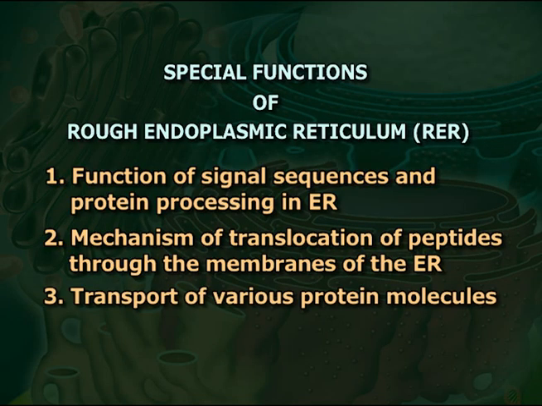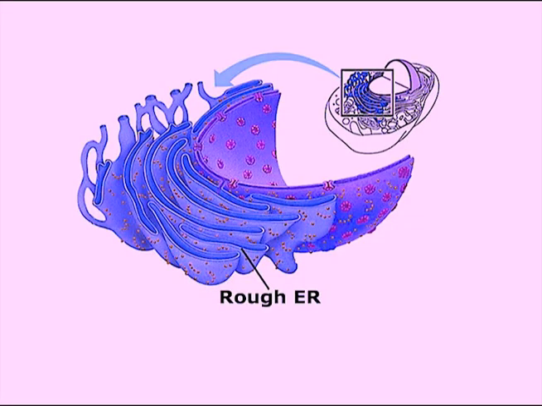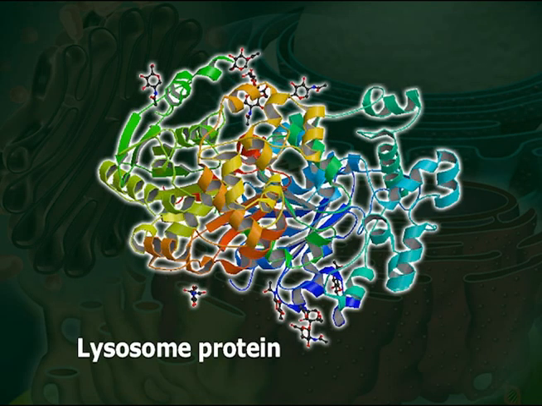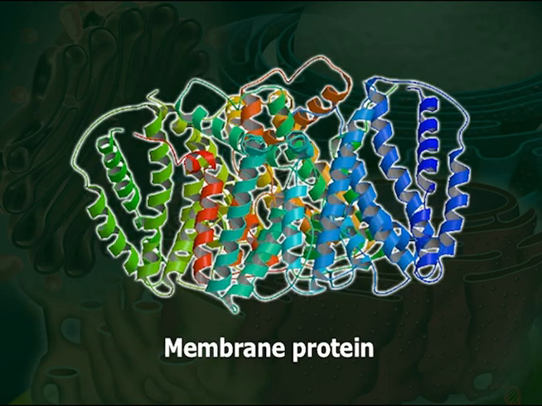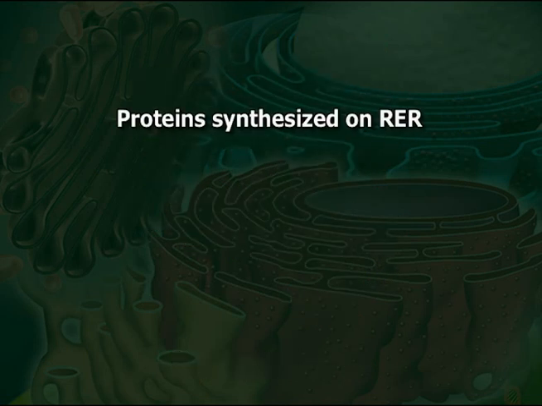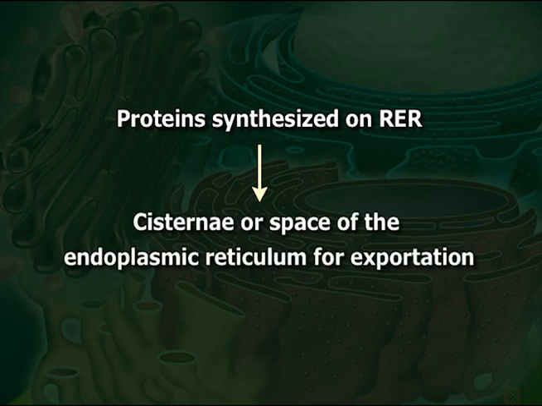Transport of various protein molecules. RER, that is portion of ER bound with ribosomes, takes part in the synthesis of certain specific proteins. These proteins are glycoproteins, lysosome proteins, membrane proteins and some organelle proteins. These proteins synthesized on RER transport into the cisternae or space of the endoplasmic reticulum for exportation.